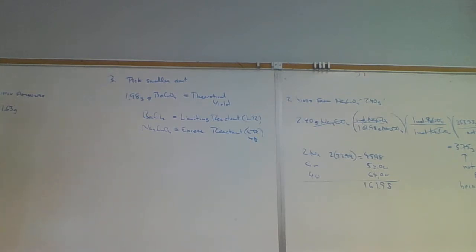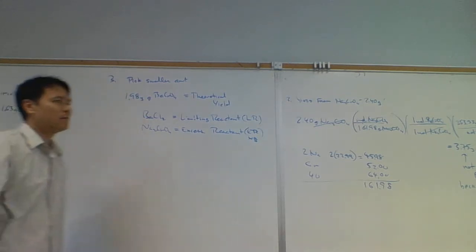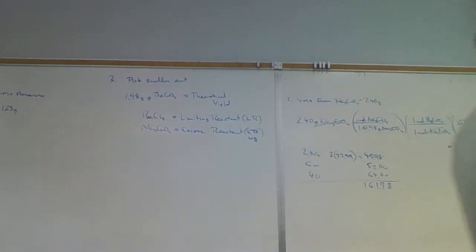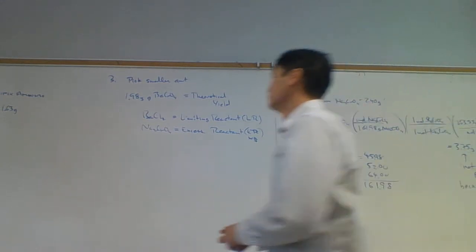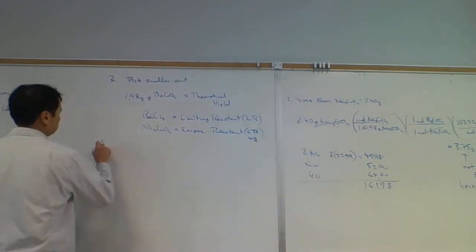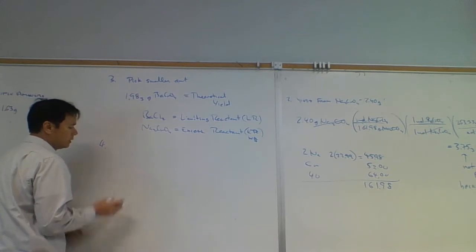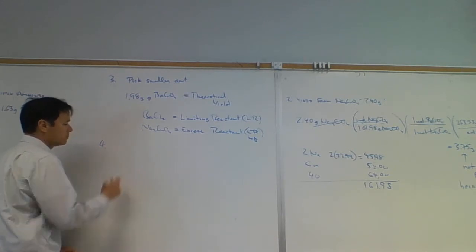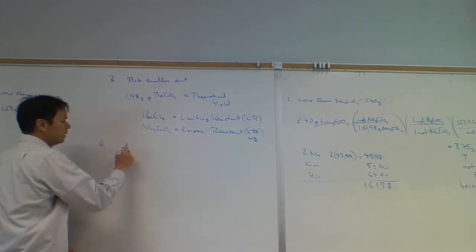All right, the next step is we want to determine how much excess reactant remains, as well as the mass in grams in excess of the amount required by the limiting reactant. So we're going to calculate the amount of excess reactant remaining unreacted.